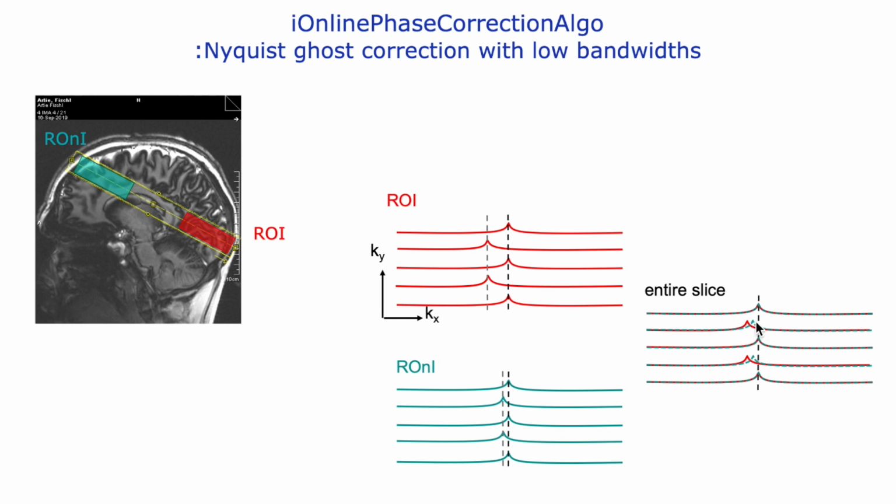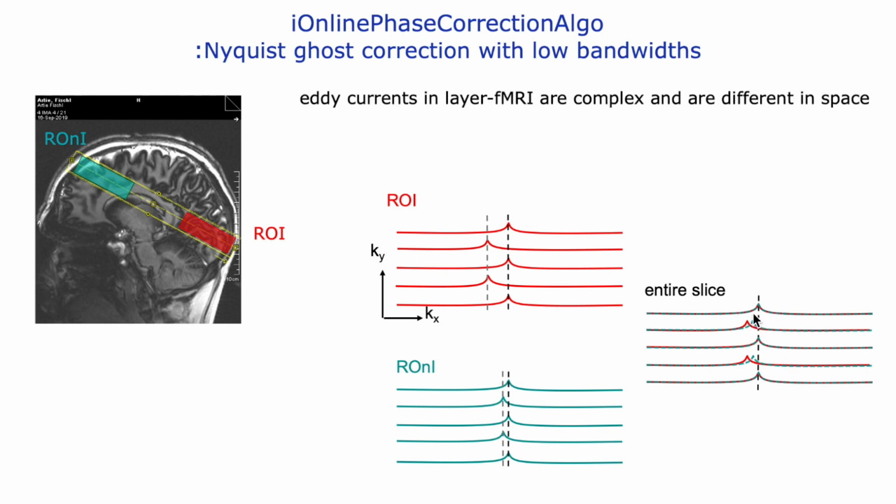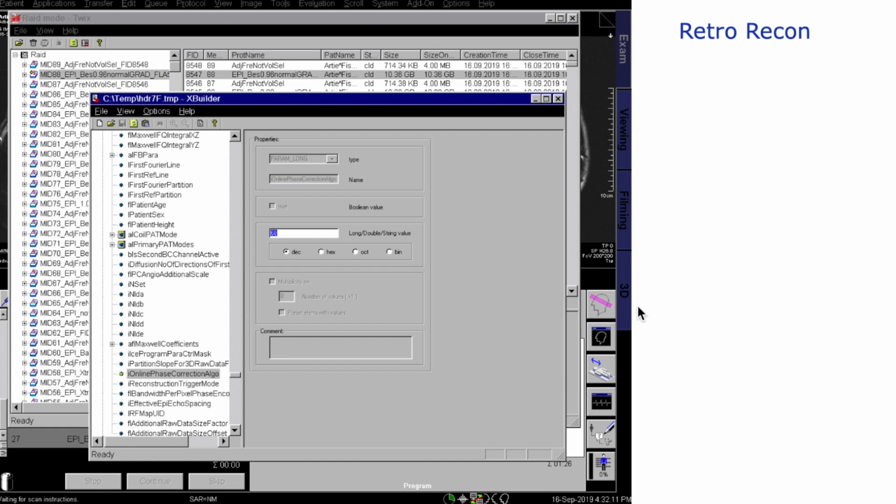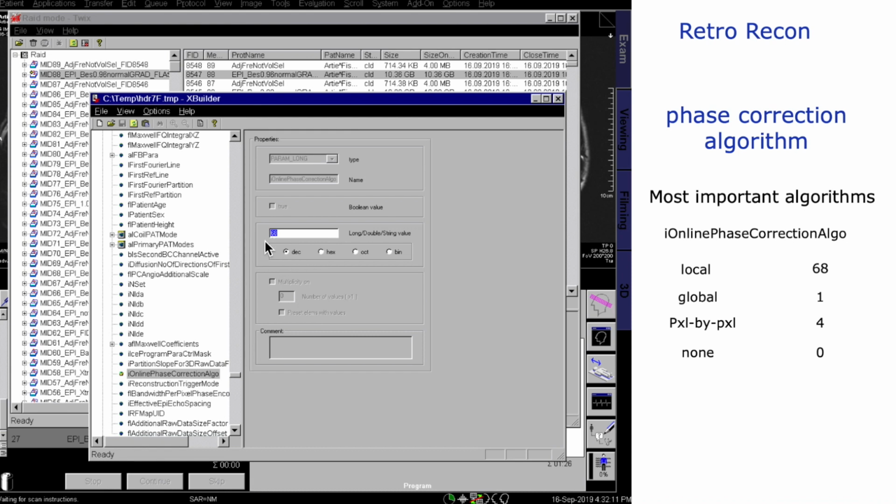So there are a lot of different algorithms that try to account for these kinds of higher order phase corrections in EPI. And my personal favorite algorithm is the so-called local algorithm, which refers to this 68 parameter here. You can choose other numbers here.